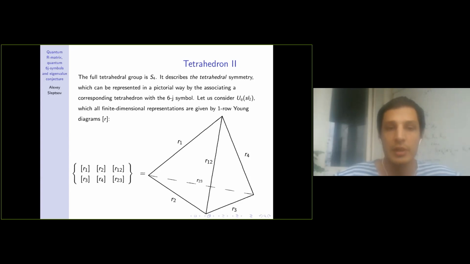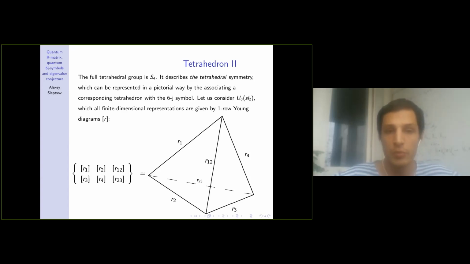It means that representation R12 should belong to the tensor product of R1 times R2, R23 should belong to R2 times R3, R4 belongs to R1 times R2 times R3, and so on. In the SL2 case, these fusion rules are nothing but triangle conditions on these numbers.